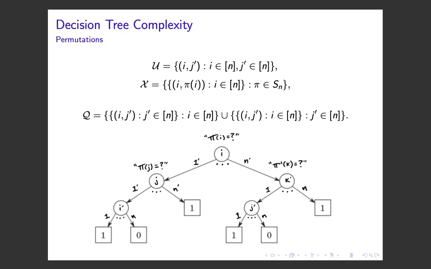Recall that our main result was that all these notions, decision tree complexity and Fourier complexity for, say, the symmetric group, are polynomially related.